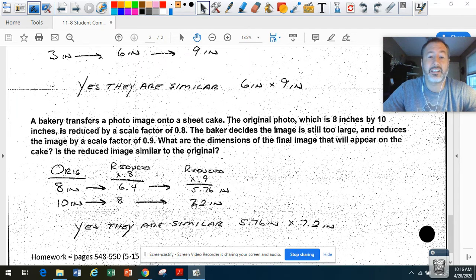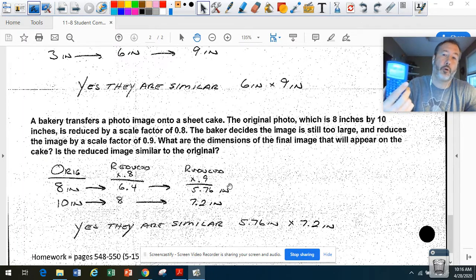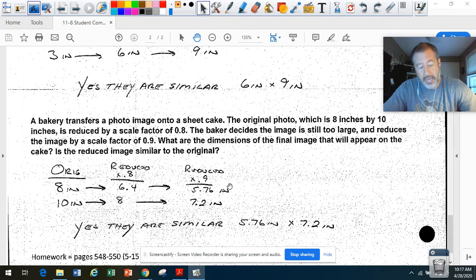Now, we want to see, are they similar? Well, if you need to, pull out your handy dandy calculator and punch in 8 divided by 10. What do you get? You get 0.8. Let's do 6.4 divided by 8. What do you get? 0.8.